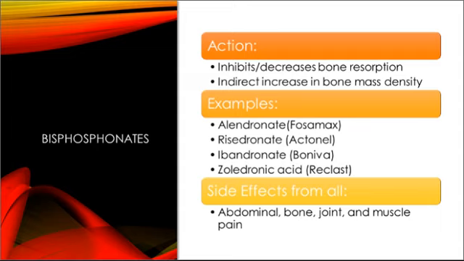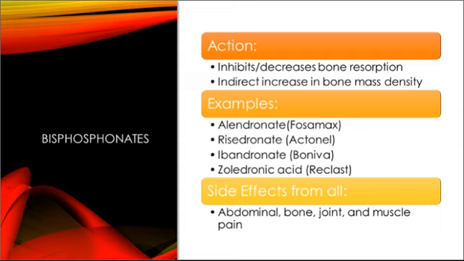It talks about your classes, your bisphosphonates, your SERMs, calcitonin, parathyroid hormone, and it has a list of a couple of your bisphosphonates there. All of them inhibit bone resorption and decrease the bone resorption, indirectly increasing your bone mass density. It's by stopping it from getting worse.